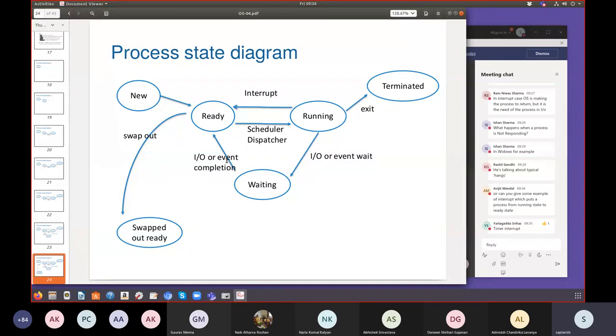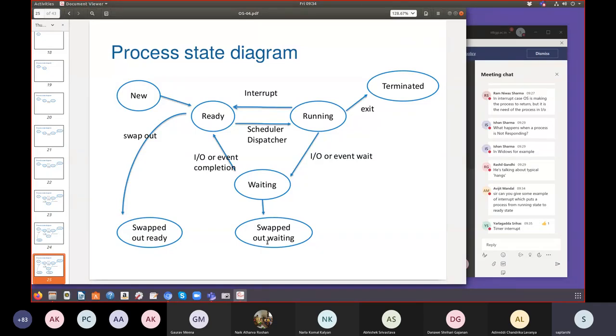Fine. Okay. Let me proceed with the process state diagram. So yeah, as I said, swapped out ready. This mechanism is there because it can happen that not all processes being allocated can be accommodated in the memory. So a process may have to be swapped out. Also, a process which is in the waiting state can also be swapped out.